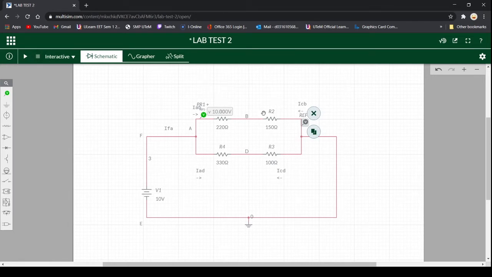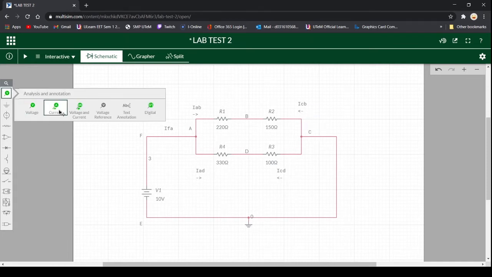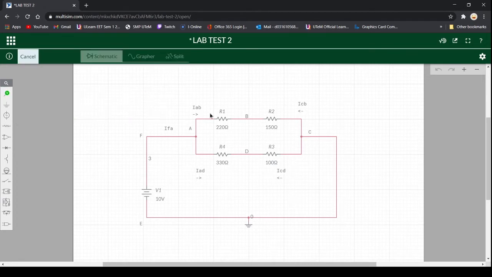Okay, next for table 2, the current for AB. So we pick the current probe and place it here.